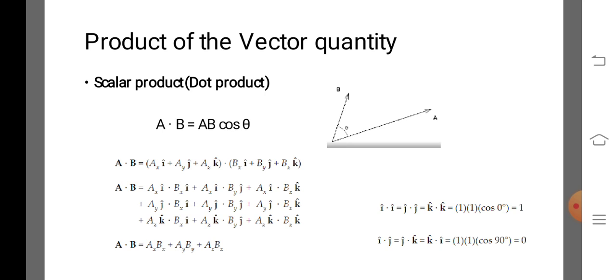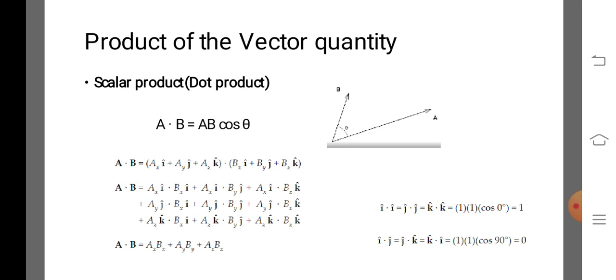Here, the left hand side of the formula is a dot b. So the a vector and b vector expressions replace the terms across the dot. So a dot b equals ax i plus ay j plus az k dot bx i plus by j plus bz k vector. Both vectors have to be multiplied according to the basic rules of multiplication.